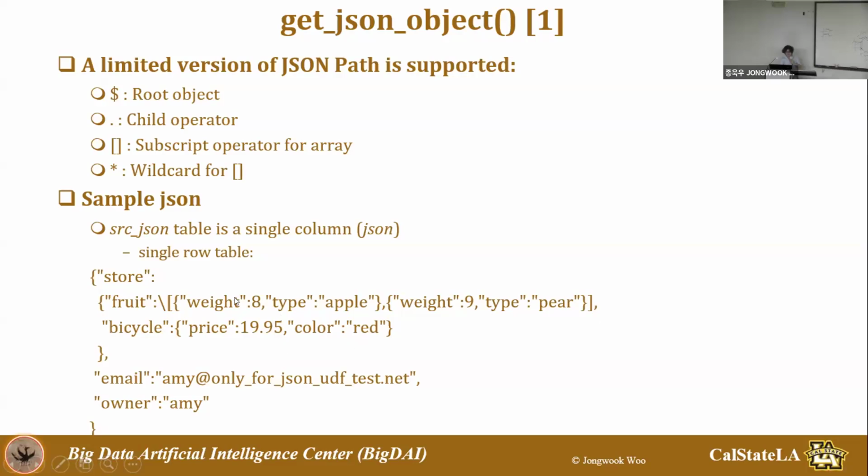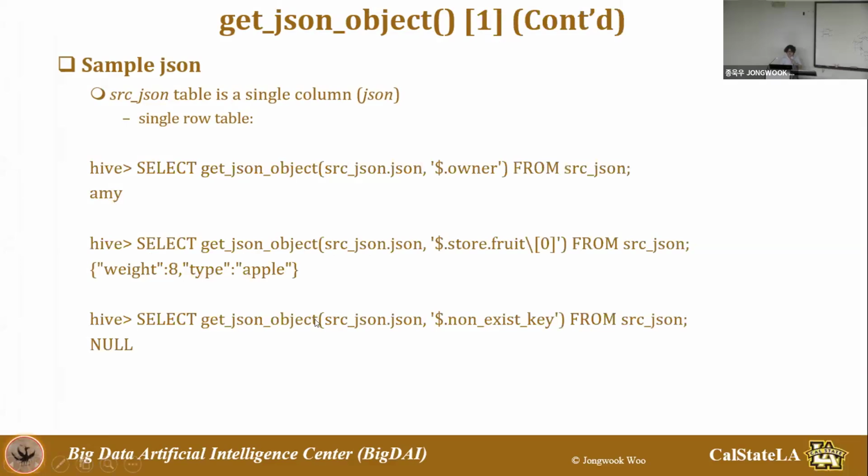root.store.fruit and fruit element 0. So first element. So root.store.fruit and then backslash square of 0. The first element is this from this array. Right? You have array element, first array element and second array element that is indexed by 0 and 1, right? So root.store.fruit of 0 means weight or type. Okay? So it returns the curly bracket with the weight 8 and type apple. Okay? So very easy.